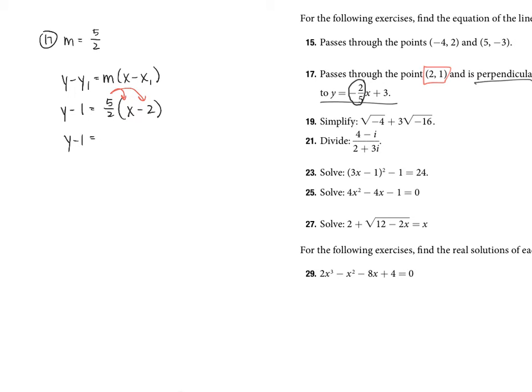So y minus 1 is equal to 5/2 x minus, 5/2 times negative 2 is negative 10 over 2, which is negative 5, okay? And then I want to get the y by itself, so add 1 to both sides. So y equals 5/2 x minus 4. So that's the equation of the line in slope-intercept form.